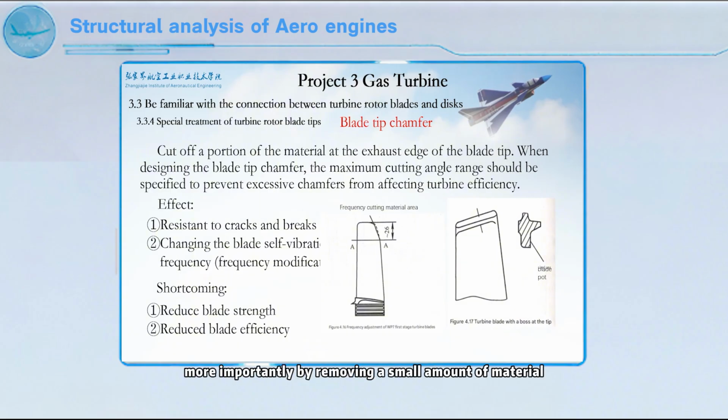More importantly, by removing a small amount of material, the blade's natural frequency can be altered to compensate for manufacturing errors that may cause some blades to fail to meet the specified frequency requirements. However, the blade tip angle clearly affects both the blade's strength and efficiency.